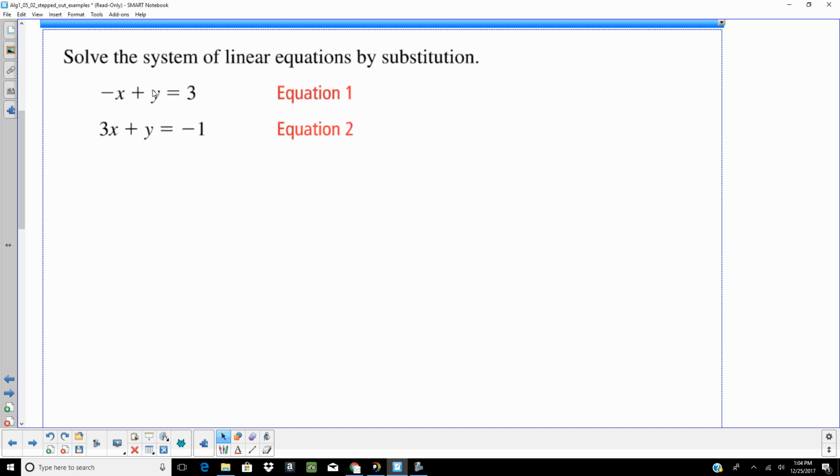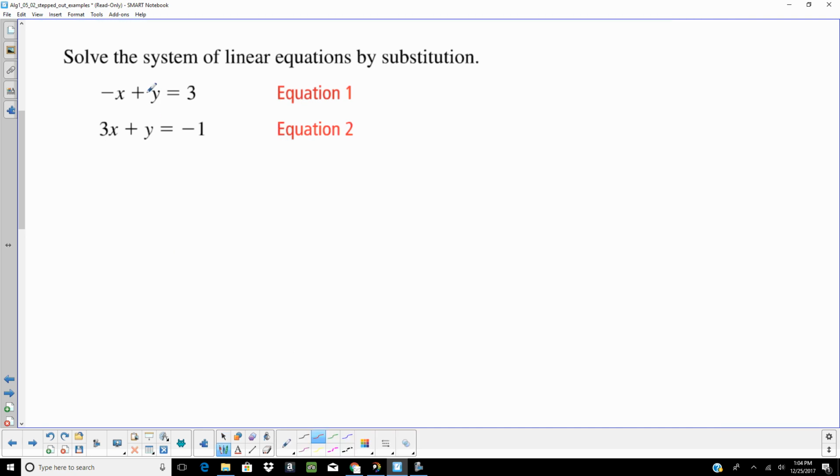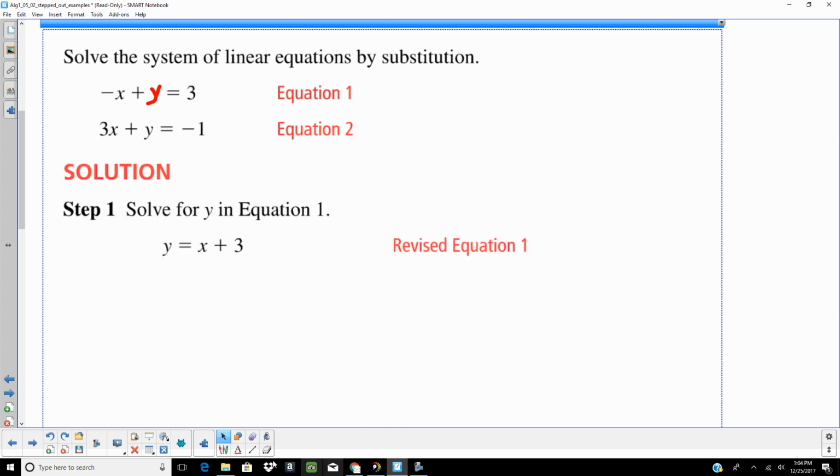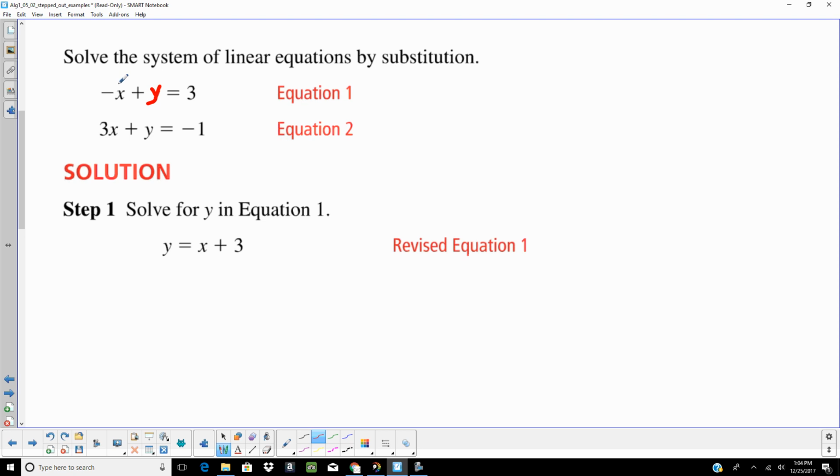I'm thinking I want to solve for this y right here. I'm thinking that's going to be the easiest. I just need to add x to both sides. So all I did was plus x, plus x. So here I have 3 plus x.